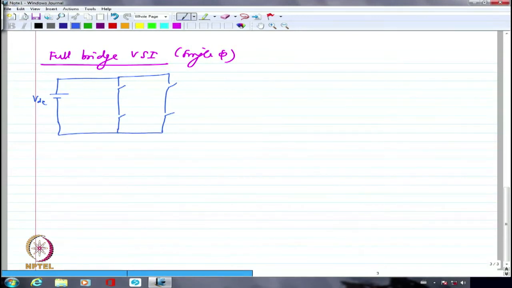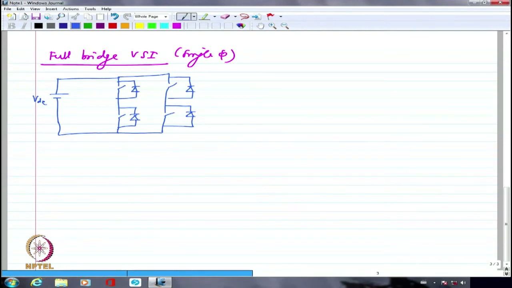It's exactly similar. And there will be feedback diodes in these cases also. These diodes are known as feedback diodes because they feed back the energy stored in the load inductance. So these are feedback diodes. So each of them is going to be connected to a feedback diode in anti-parallel.